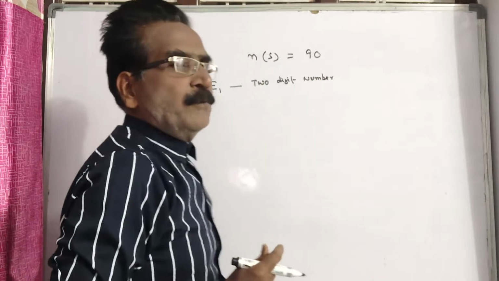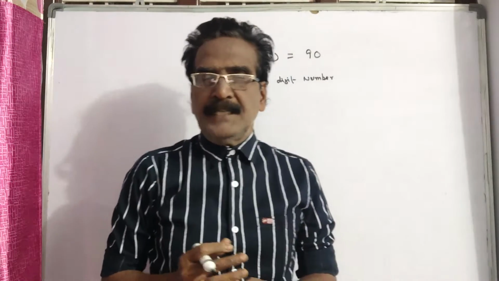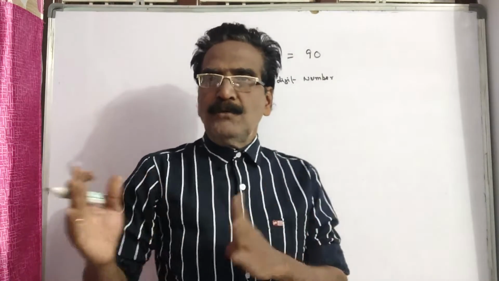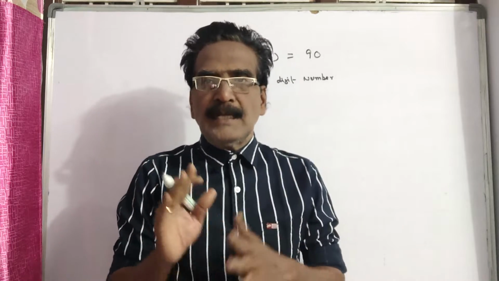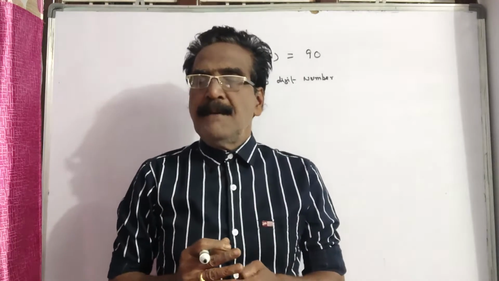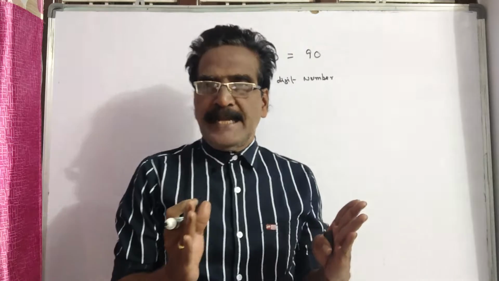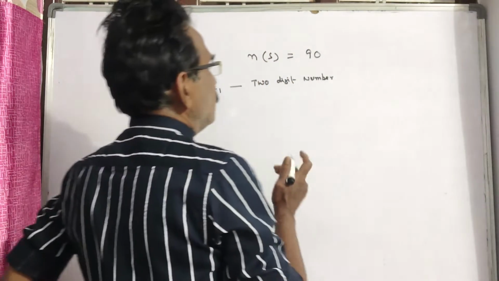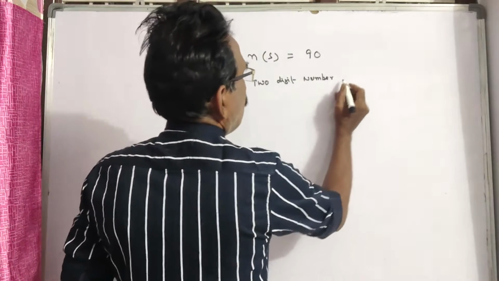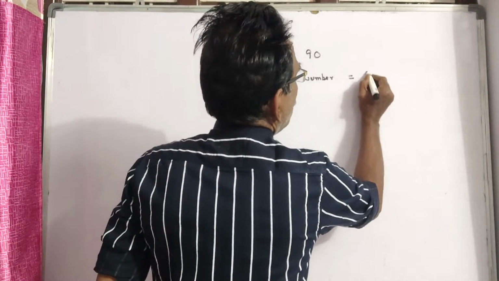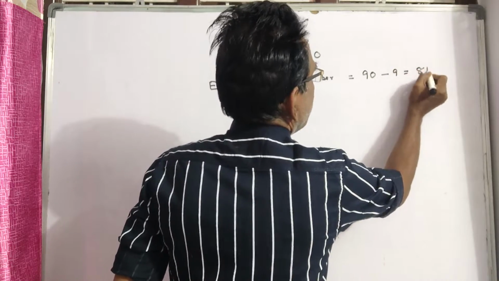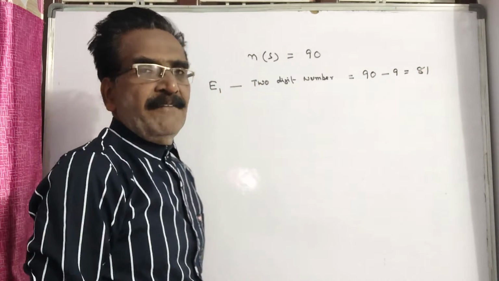So how many two-digit numbers will be there from 1 to 90? 1 to 90 means there are a total of 90 numbers, but from 1 to 9 are one-digit numbers. So favorable outcomes is equal to 90 minus 9, that is equal to 81.